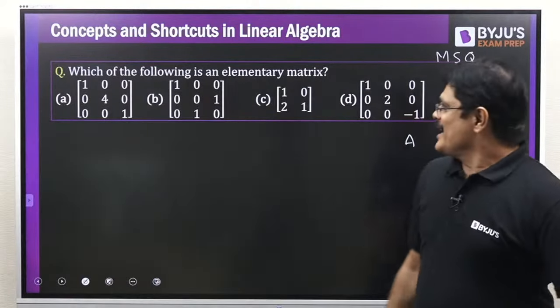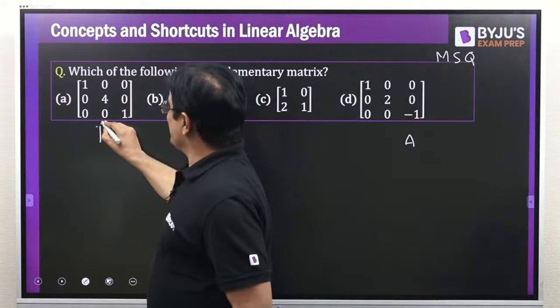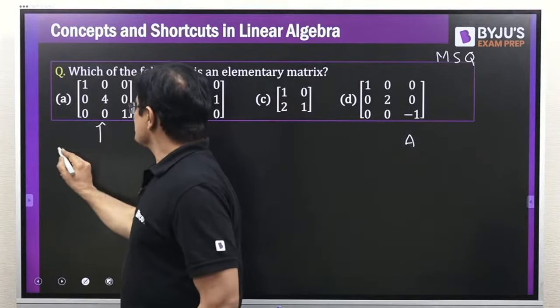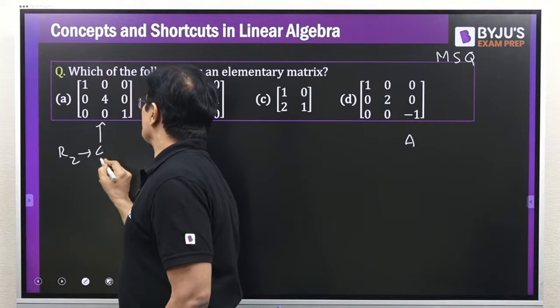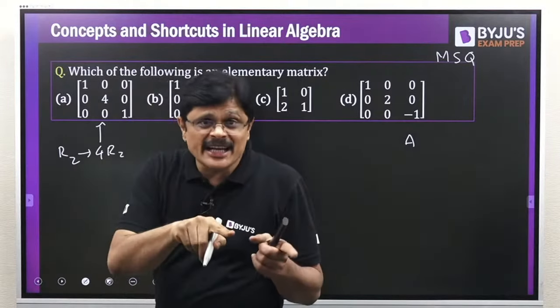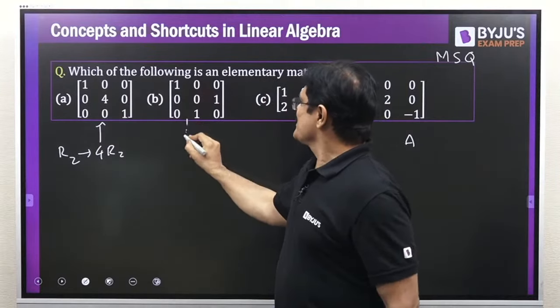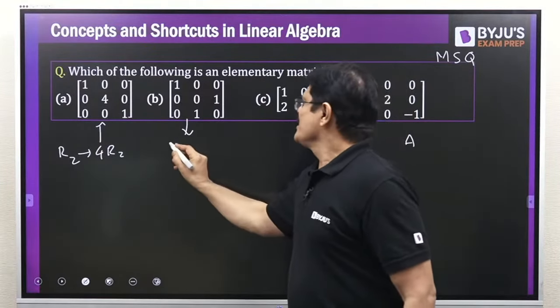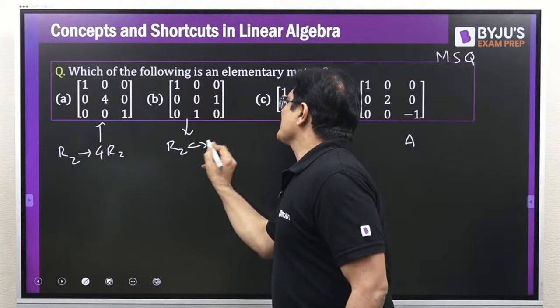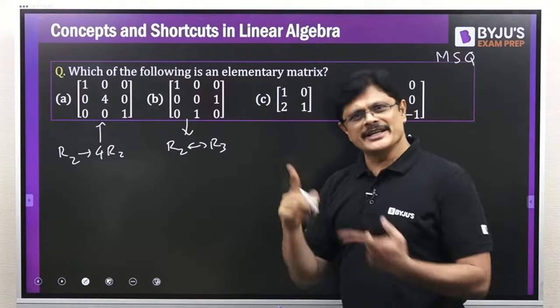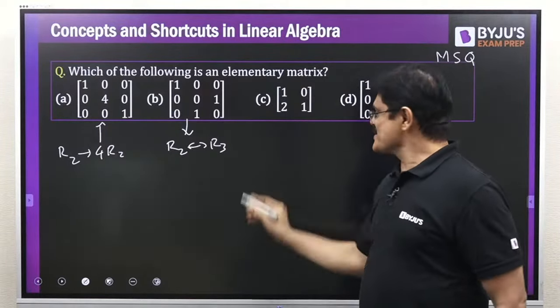Okay, see my dear friend, this is elementary matrix. Why? Because here second row is multiplied with 4. Of course, take a 3 by 3 identity matrix, second row multiplied with 4, you get this. What about this? Here row 2 and row 3 are interchanged, you get this, so it is also elementary matrix. What about this?